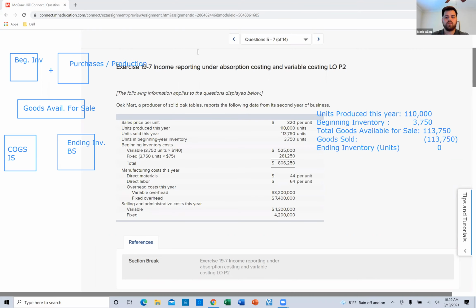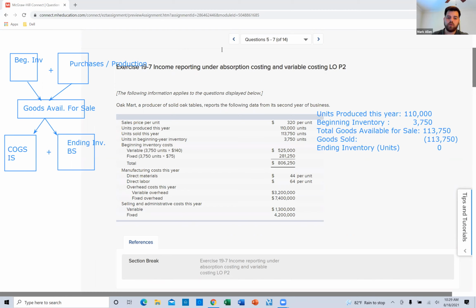So what we said was, and let me grab our arrows, these two come down to give you goods available for sale. And this number splits out into two components right there. And then of course, these two should add back to give you this.